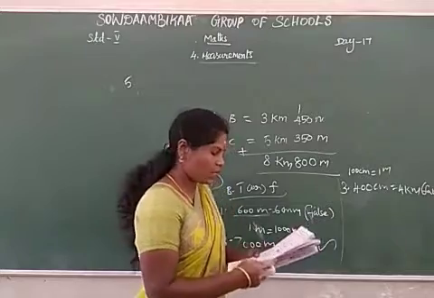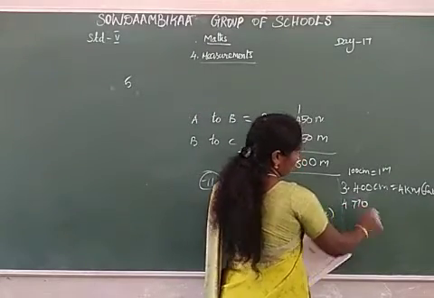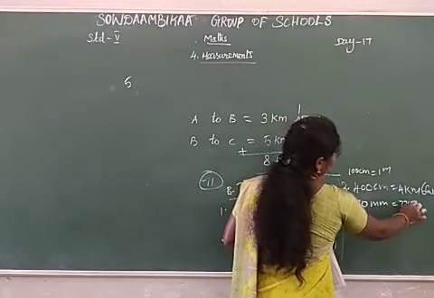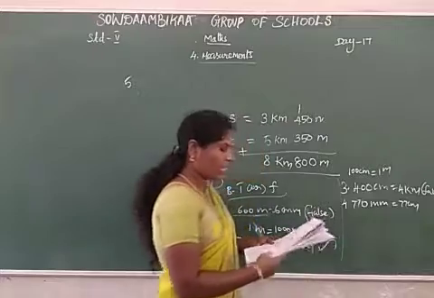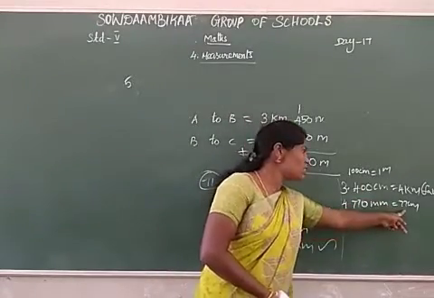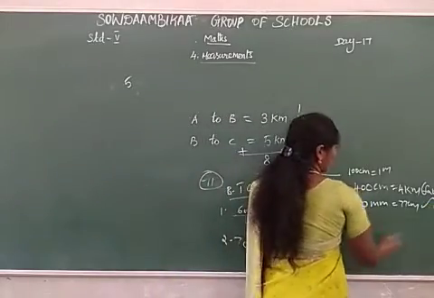Next step. 770 millimeter, 77 centimeter. Okay, the answer is true because 1 centimeter is equal to 10 millimeter, so 77 centimeters is equal to 770 millimeter. So the answer is true.